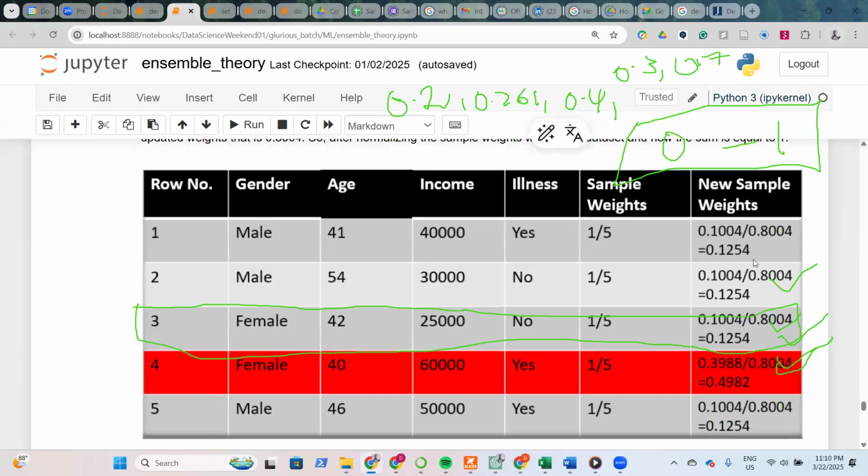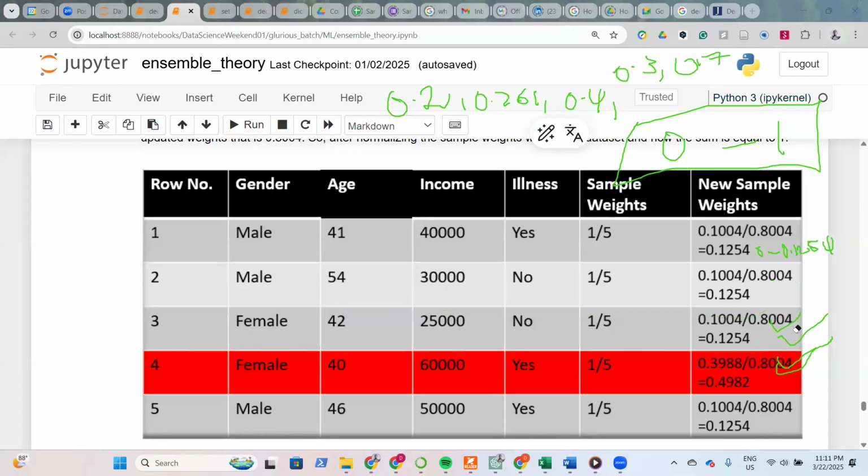So if you take 0.125 plus 0.1254, what is it going to give you? 0.2508. So this bucket will be 0 to 0.1254.